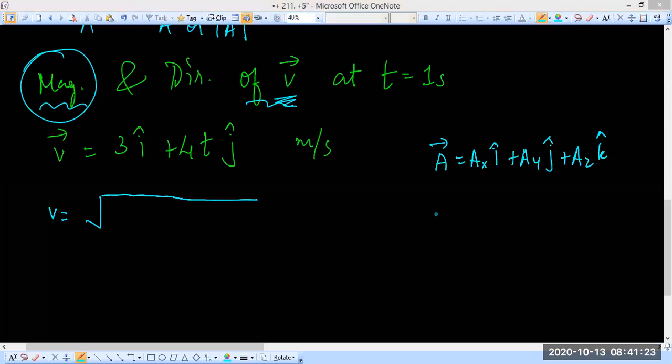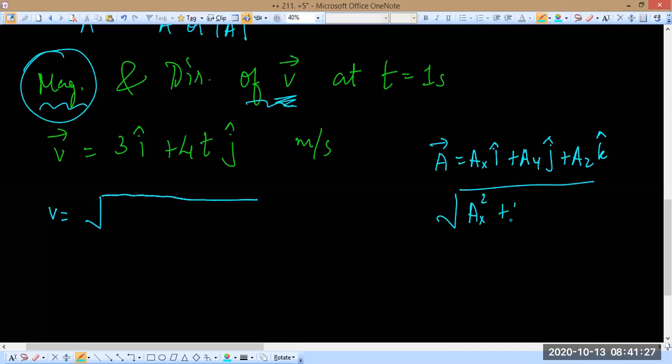Yes, it is under root ax square plus ay square plus az square. No, Ankita, you are getting confused between two formulas. This is magnitude of vector A and that formula was resultant.